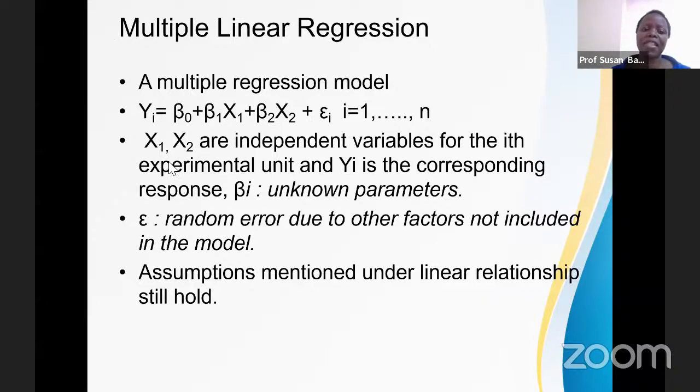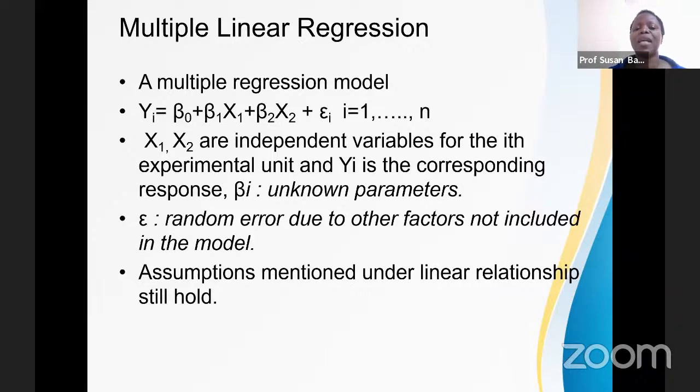So here we find that yi is the response, and then x1, x2 are independent variables, while beta naught, beta 1, beta 2 are unknown parameters, beta naught being the intercept, beta 1, beta 2 are the slopes corresponding to each independent variable.